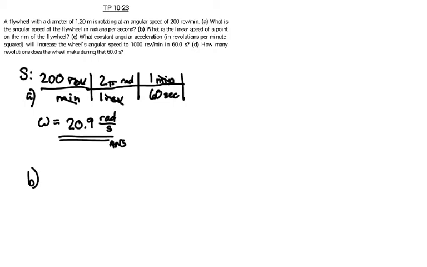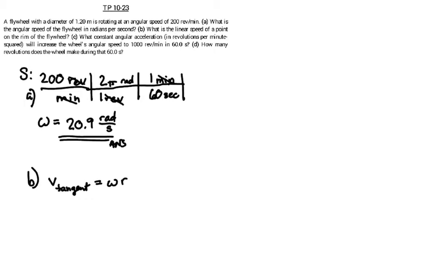So in this part of the problem, we want the tangential speed at the rim. And we work in radians per second because radians are more or less unitless.